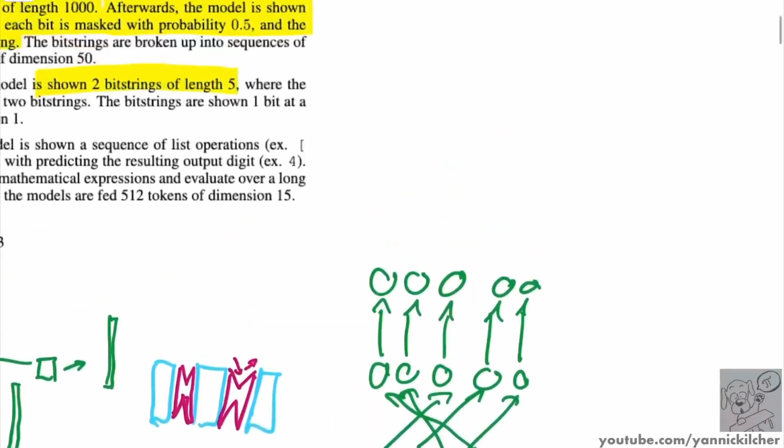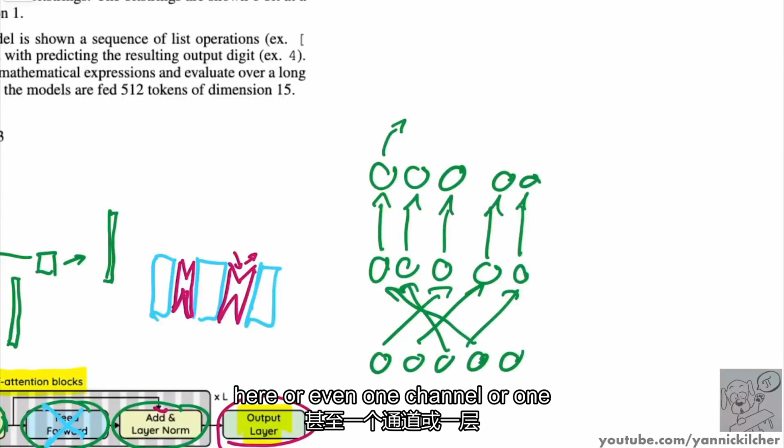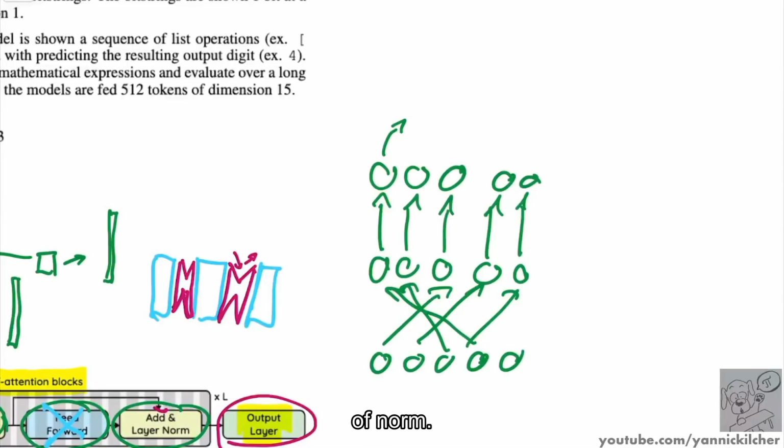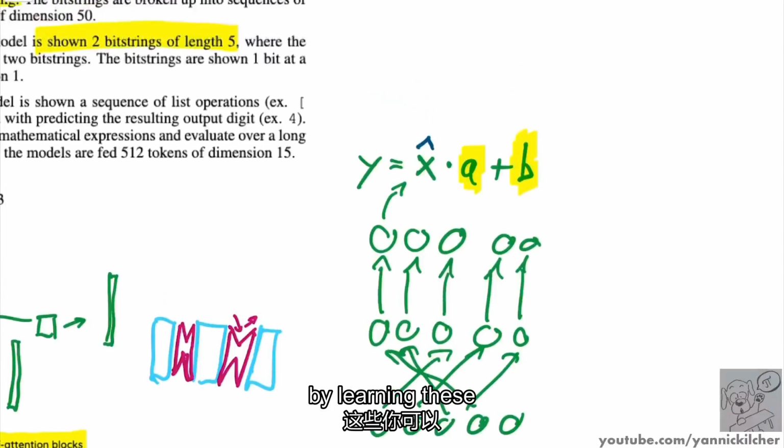In terms of learnable parameters, you take one element, or even one channel or one layer, depending on the exact type of norm, in the input signal, and you have two parameters that you learn. So your output of the layer norm is going to be a normalized X. This is a normalization, and you do it either over the batch or over the layer. In layer norm, you do it over the layer, and you have two parameters that you can learn. One is a scaling, and one is an offset. And I think, by learning these, you can adapt.